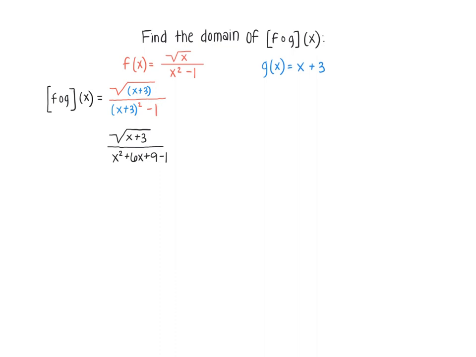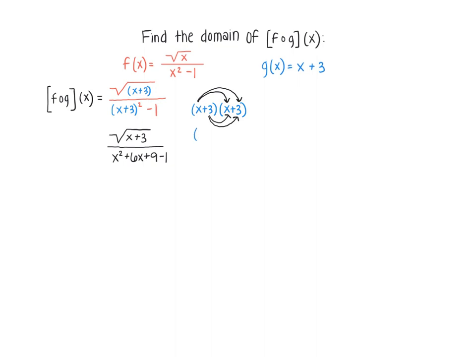If you need review on FOILing what I just did, I'm going to write it out to the side. I'm going to put it in blue, x plus 3 times x plus 3. And remember, FOIL is always first, outside, inside, last.